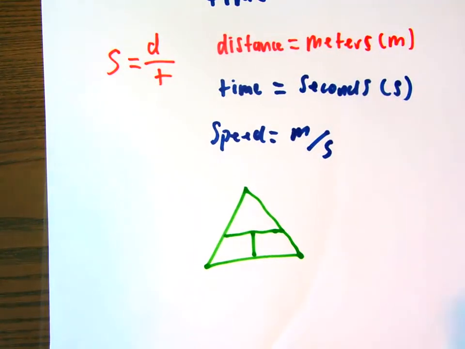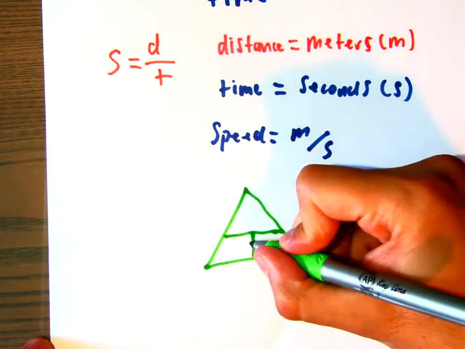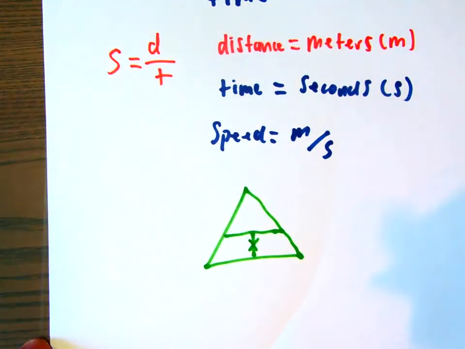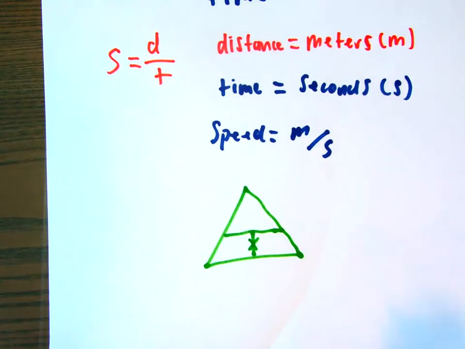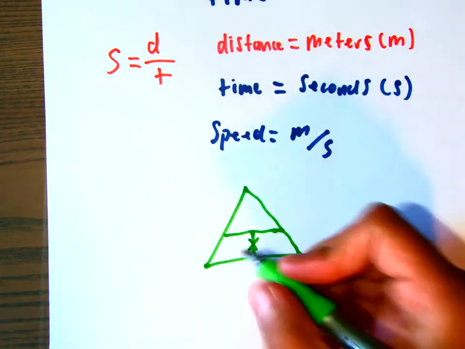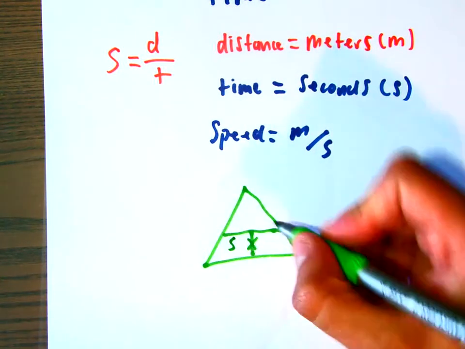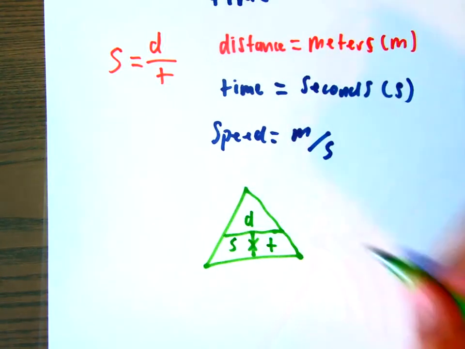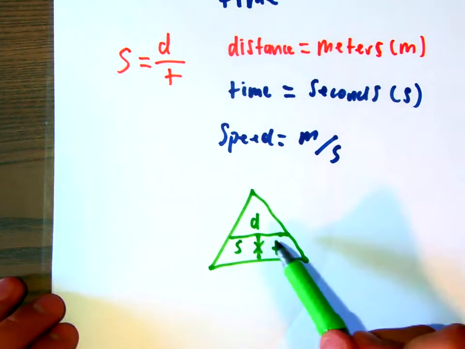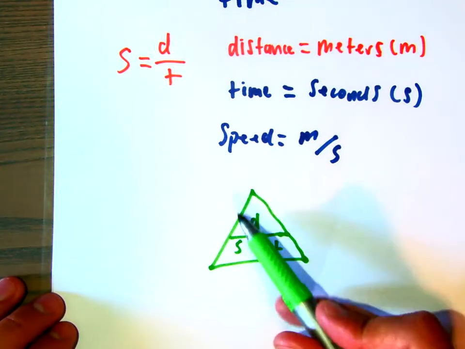Okay, and we go ahead and put an X here. So I'm going to go ahead and put speed equals distance times time. Okay. So using this, we're able to solve for any variable.